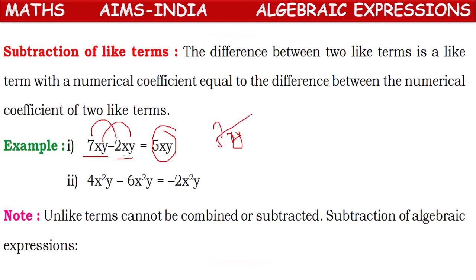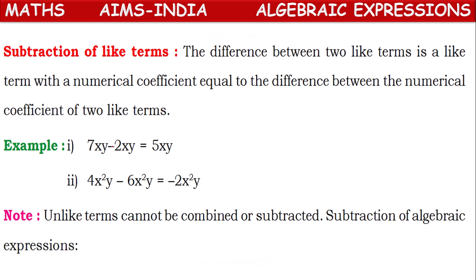7 minus 2, how much? 5. So the answer is 5xy. In that way we can subtract like terms. Next, 4x square y minus 6x square y. x square y, same literal factor, like terms.